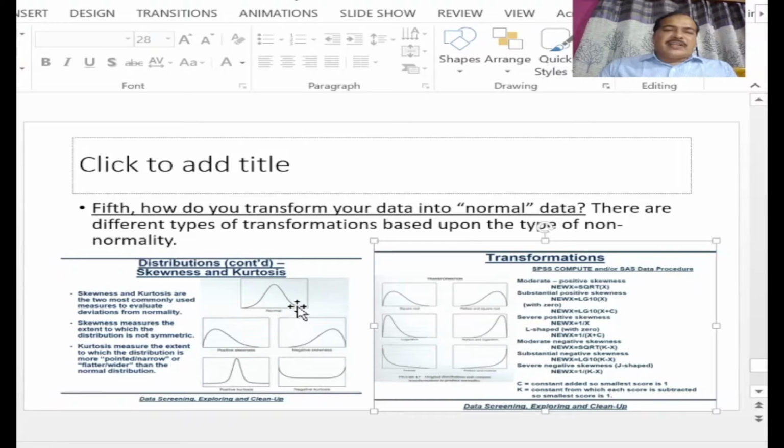We can go for relationship statistics like correlation and regression. We can go for higher-level analysis like structural equation modeling, factor analysis and CFA. But all these statistics are ultimately based on how we have collected the data, how we have screened our data, and what the characteristics of the data are, so that we can move further to higher-level data analysis.